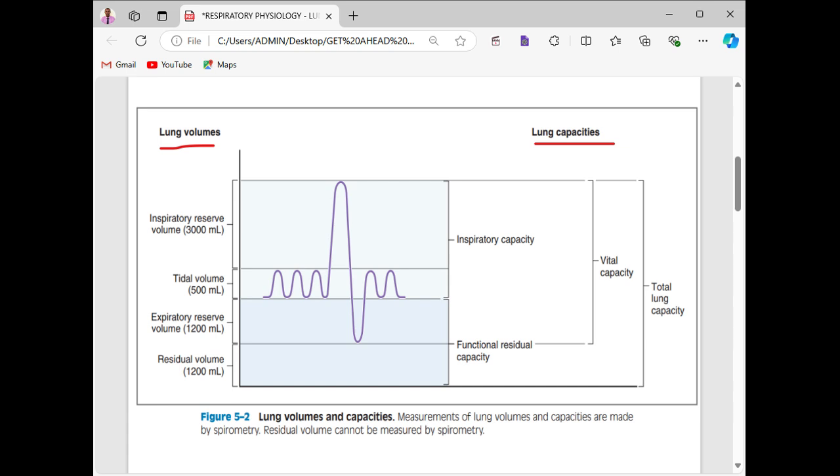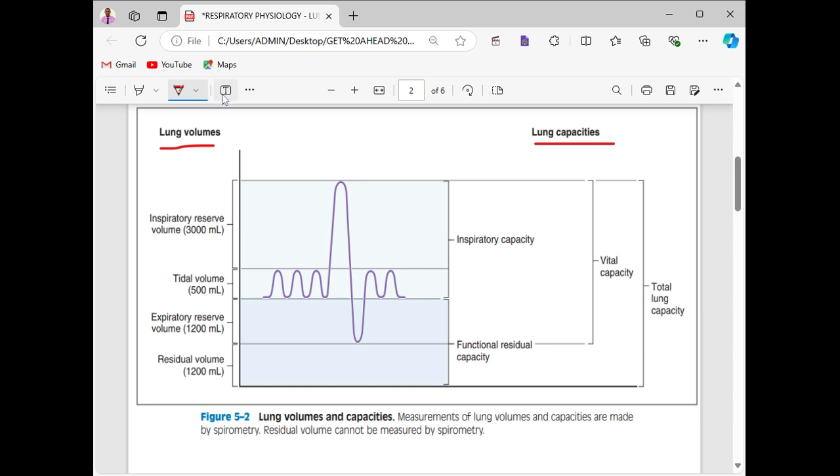Now, having defined all the lung volumes, there is an easier way we can use to remember these lung volumes and capacities, either in an assessment or anywhere else.